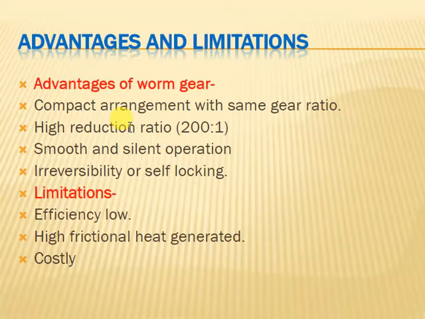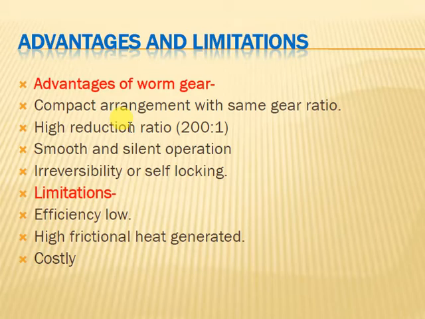That rubbing or sliding motion gives very huge friction, so heat generation and power loss are there, and that reduces the efficiency of the gear drive. Another one: a considerable amount of frictional heat is generated due to high frictional losses, and hence effective cooling is necessary for dissipating the heat.